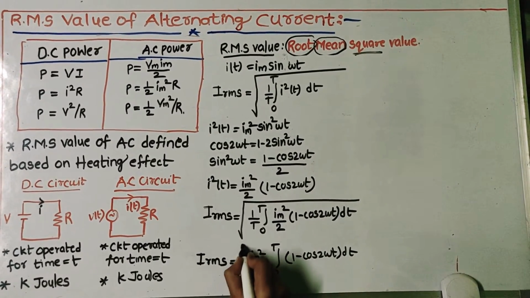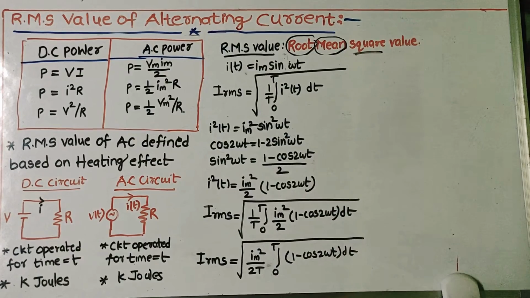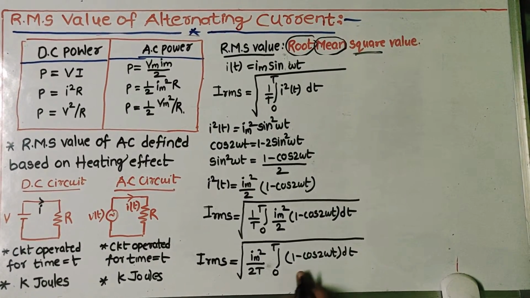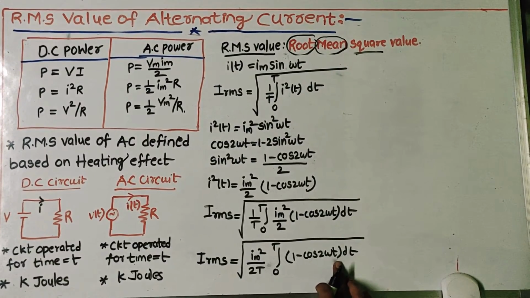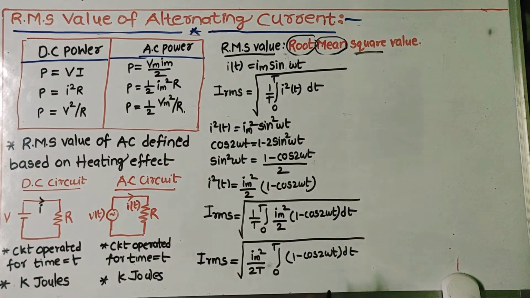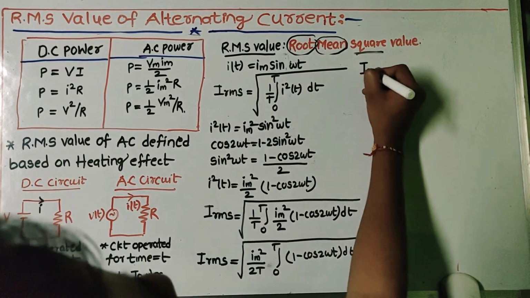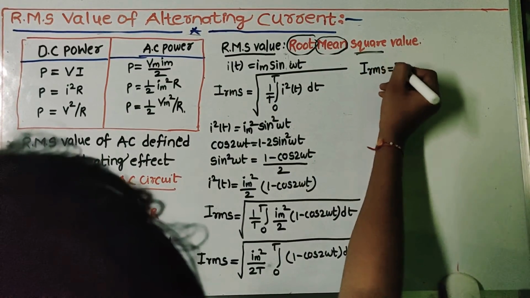So you have to take the square root. Okay students, now let's integrate this term. So here 1 minus cos 2 omega t. So then I will multiply. If I multiply, the IRMS value will become like this.